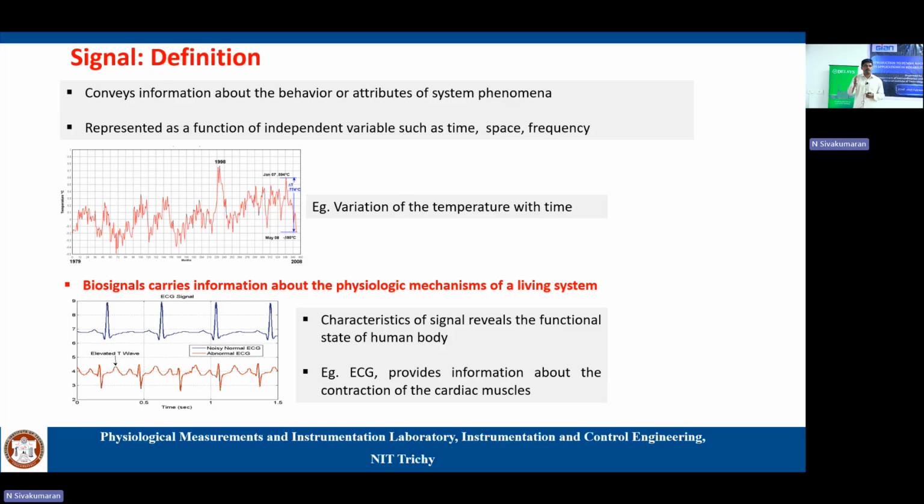See, MRI gives information about the structures, for example brain, or cardio, which is heart. It gives information about the heart structures, and we can also see how the structural deformation happens with respect to time.